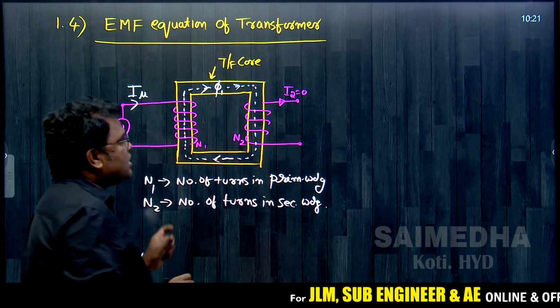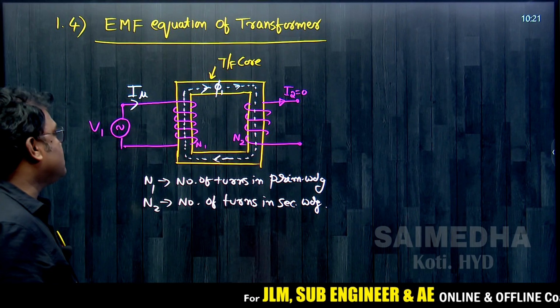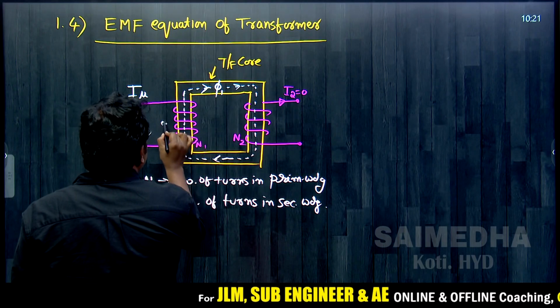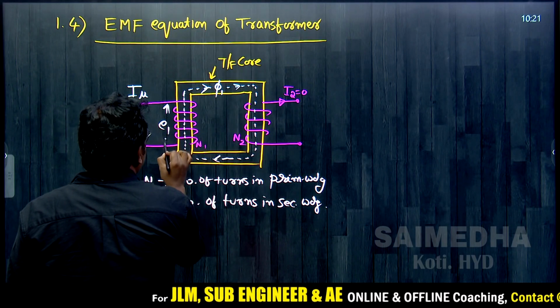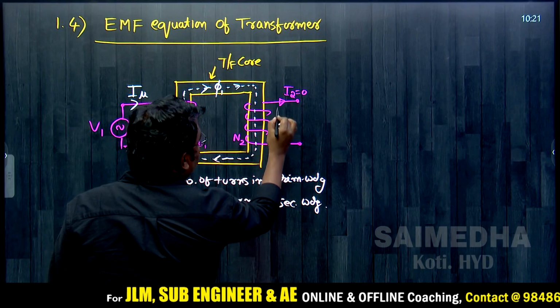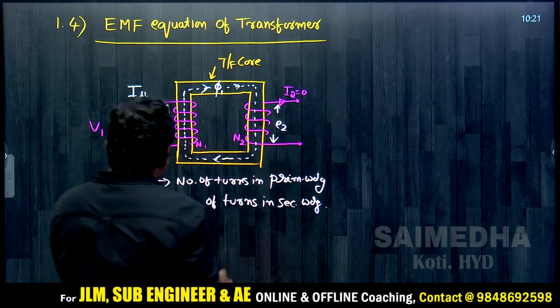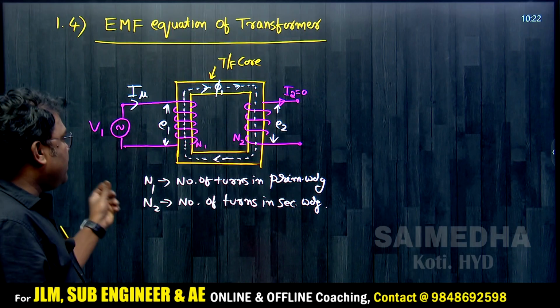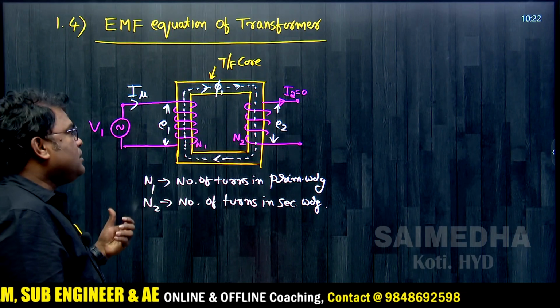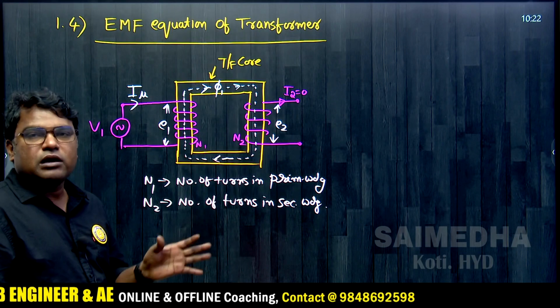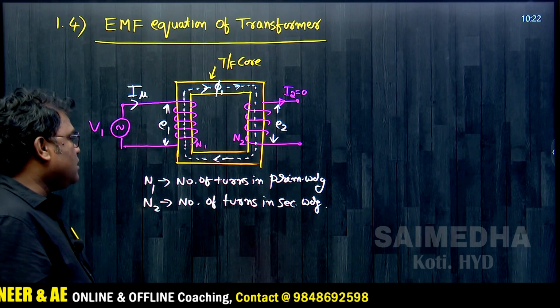According to Faraday's laws of electromagnetic induction, EMF is induced in the primary winding and in the secondary winding of the transformer. Let us assume E1 is the instantaneous induced EMF in the primary winding, and E2 is the instantaneous induced EMF in the secondary winding.